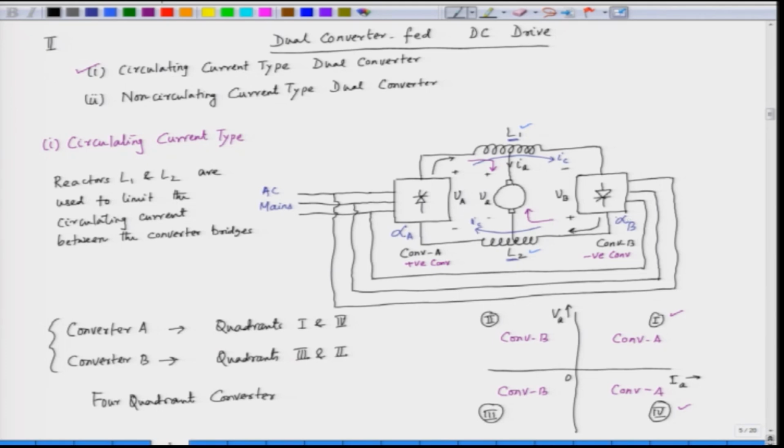Now, let us see if it is reverse motoring. If it is reverse motoring, we have to change the polarity of the supply voltage, because the back EMF has to be negative. So, if the back EMF is negative, the supply voltage has to be negative.